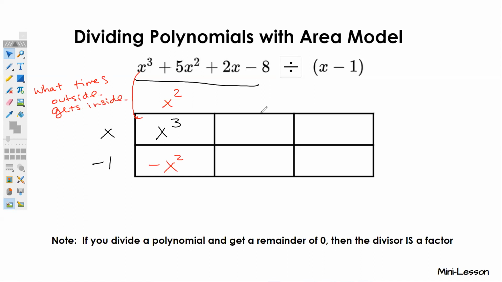Then I multiplied the x squared times negative 1 and got negative 1x squared. Now we're going to find what number plus negative 1x squared gives us 5x squared. So what plus negative 1 would give us 5? 6x squared.